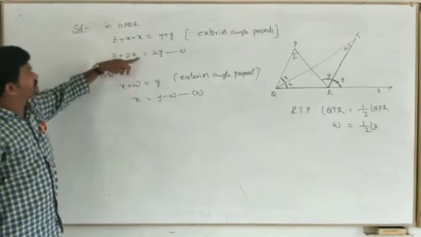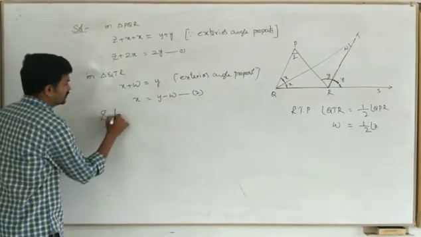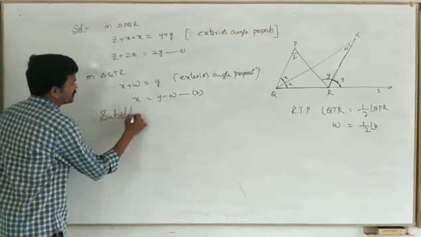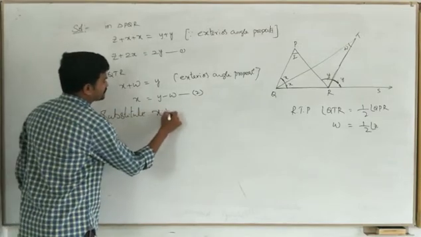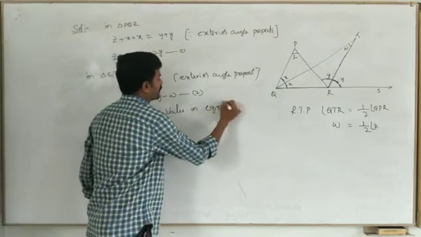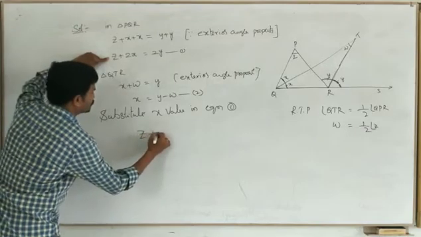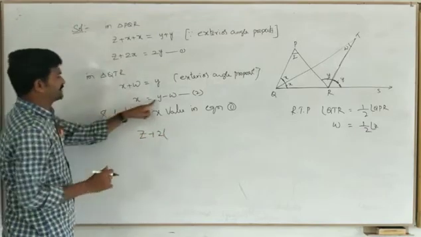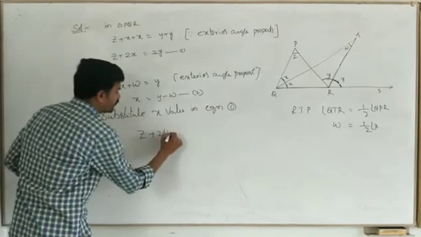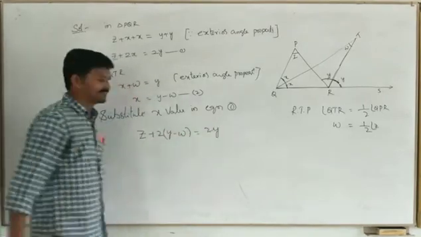This x value you can substitute in equation 1. What is equation 1, Mark? Z plus 2 into x, that means y minus w, no? Yes. Y minus w is equal to 2y.